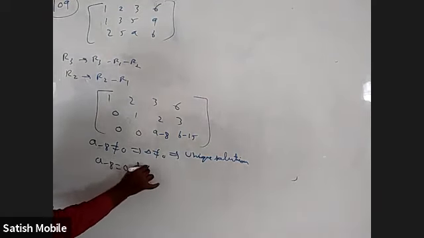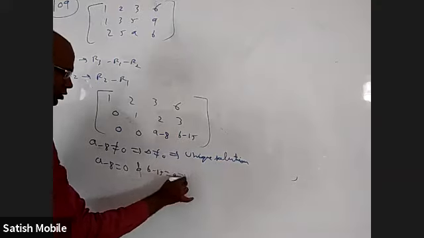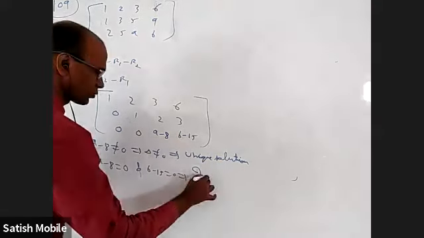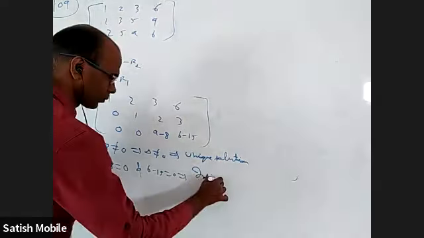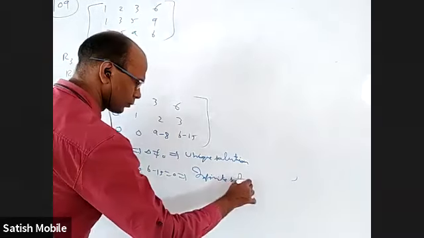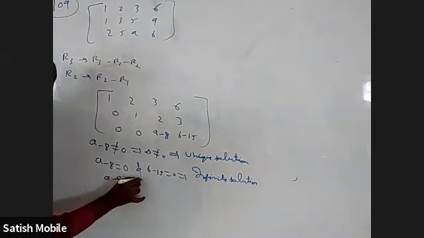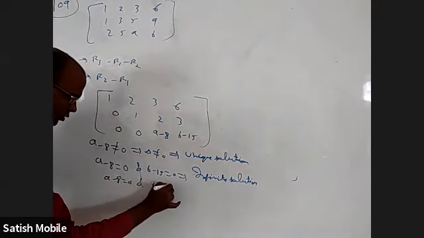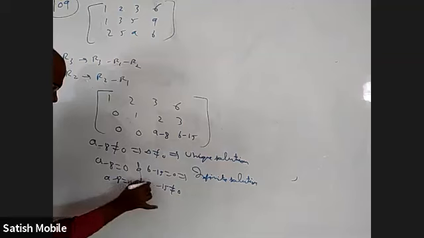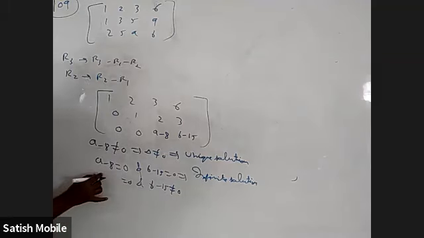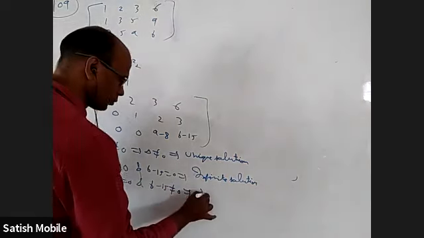This and B minus 15 is also 0. One whole row is 0. That is infinite solutions. With A minus 8 equal to 0, B minus 15 is not 0. No solution.